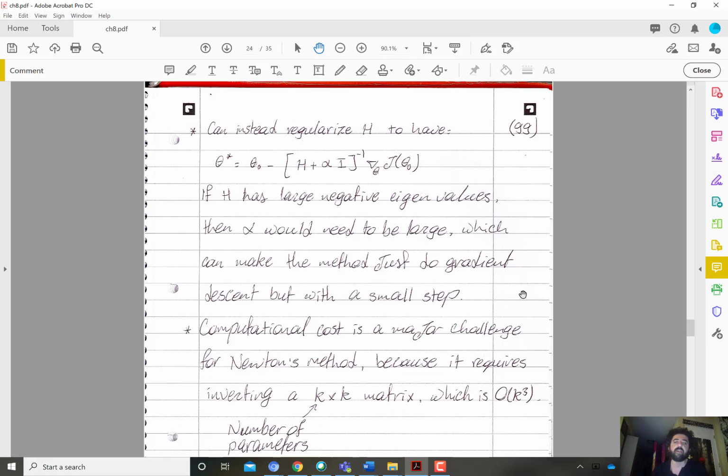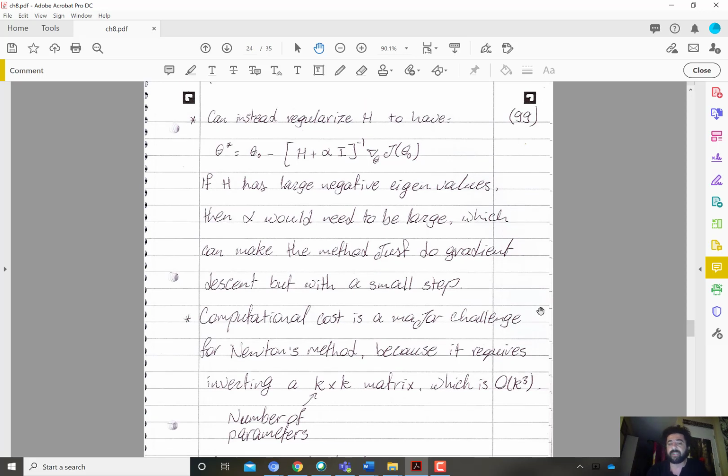To invert it, the computation scales with order k cubed. K is the number of parameters in the network, which is already a very large number, so k cubed can be very, very large. So these two problems, optimization and computational, saddle points and inverting the Hessian, will motivate the other approximate second order methods that we will discuss in the coming videos. Thank you.